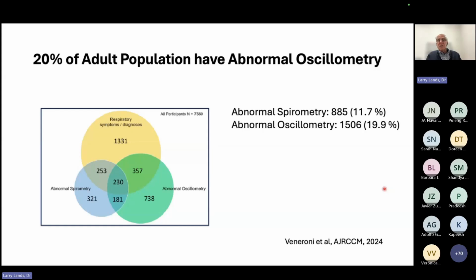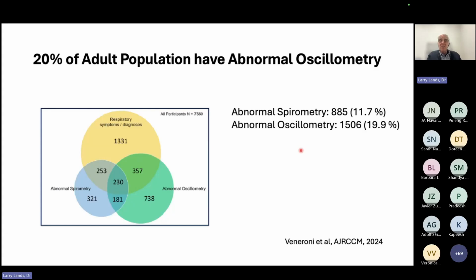Oscillometry is also sensitive to symptoms. This is quite a large study, with over 2,000 subjects from an adult population out in the community. There was a certain segment who had abnormal spirometry, but a higher proportion had abnormal oscillometry.